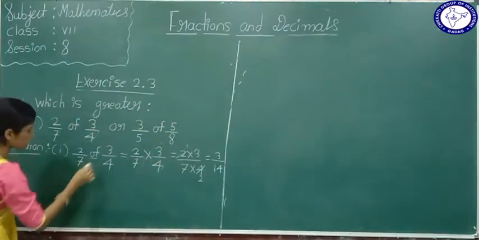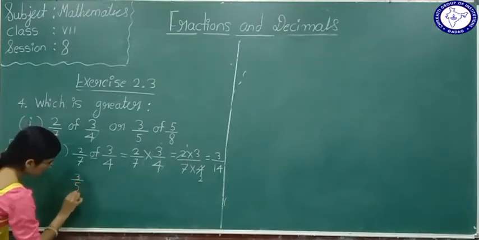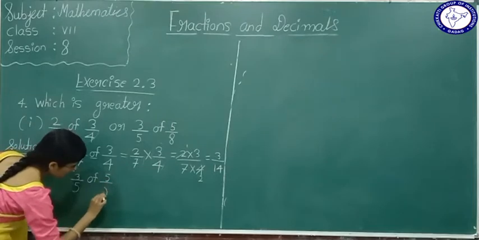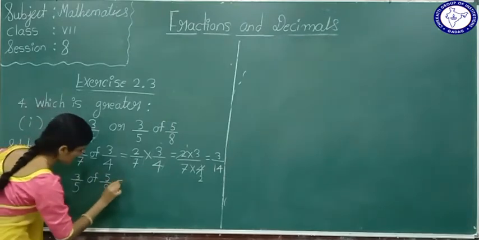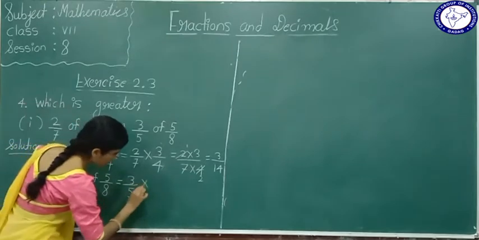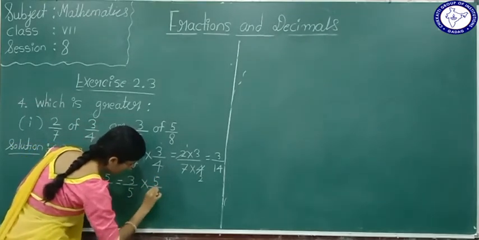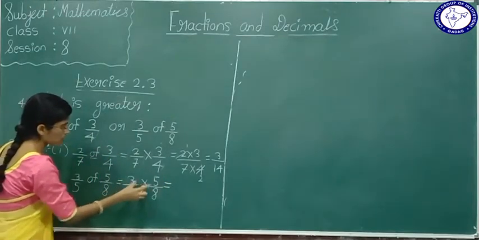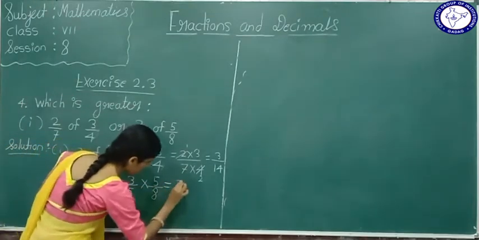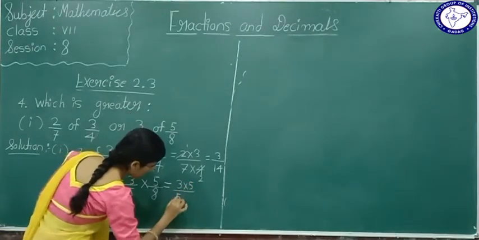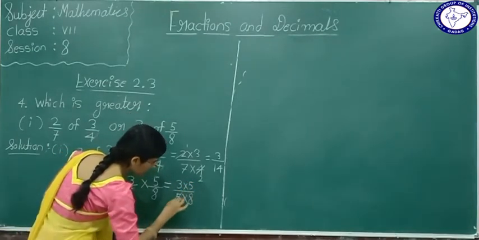Okay. Now calculate this. 3 by 5 of 5 by 8. What is that? 3 by 5 multiplied by 5 by 8. Now see here, multiplication of a fraction with a fraction, that is 3 multiplied by 5 by 5 multiplied by 8. 5 will get cancelled.